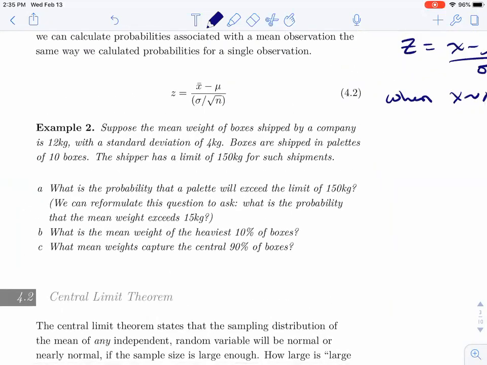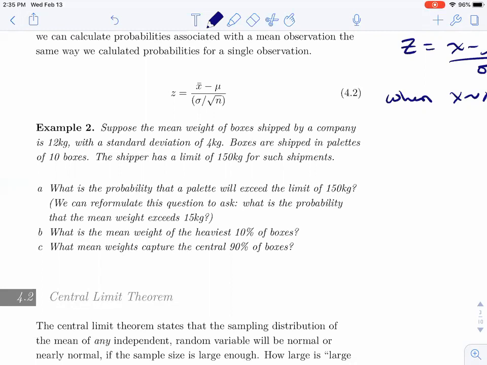There's no mention of it following a normal distribution, but that's okay. I should have said it follows a normal distribution here. But what we'll establish in a little bit is that it actually doesn't matter what population it came from. It will follow a normal distribution, which is kind of cool.